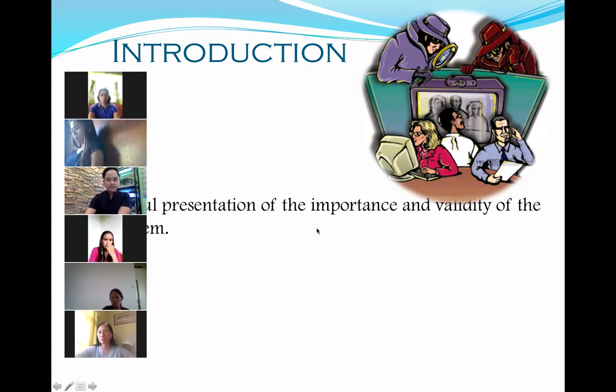That is what I mean when I say there should be a careful presentation of the importance and validity of the problem. And the problem that we are referring to is the gap in the literature. The gaps in the literature are what we call blind spot or blank spot. It depends on what you will read.